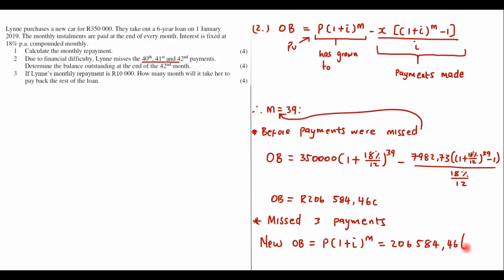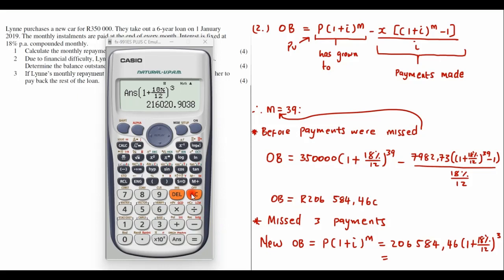206,584.46 into 1 plus 18% over 12. Then the payments that have been missed here, because it is the 40th, the 41st, and the 42nd, it is 3, so the power is going to be 3. Now we're going to press this into the calculator.